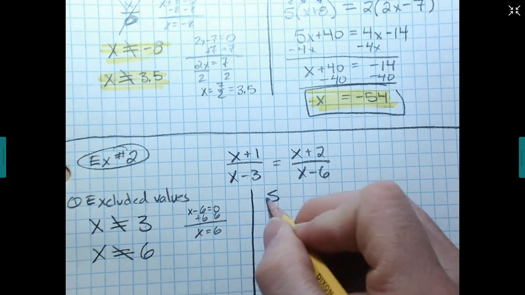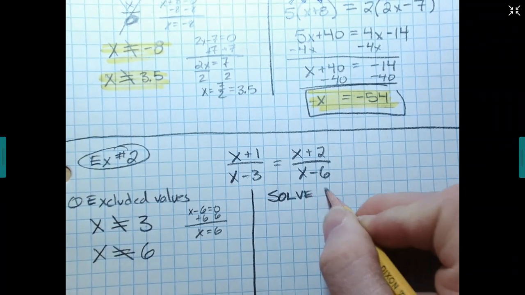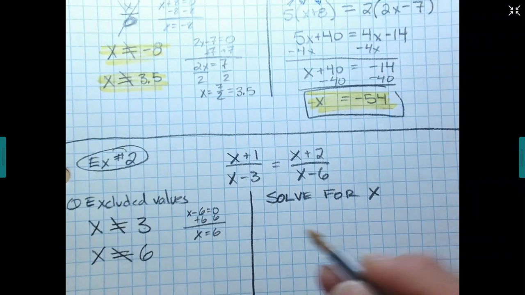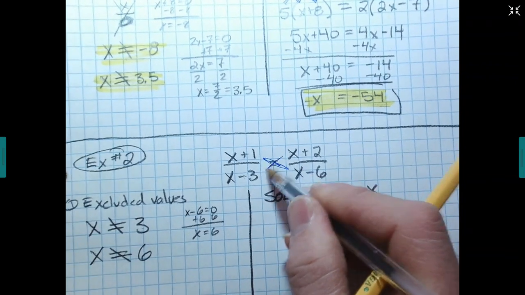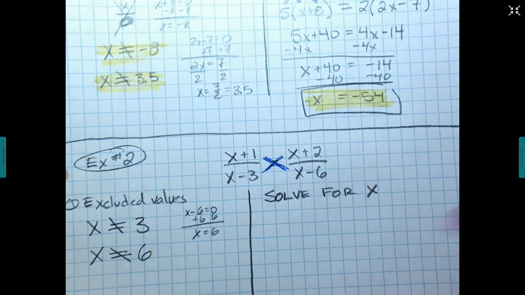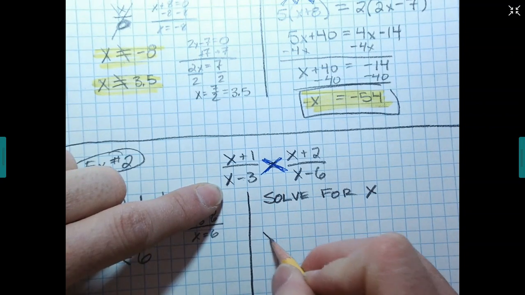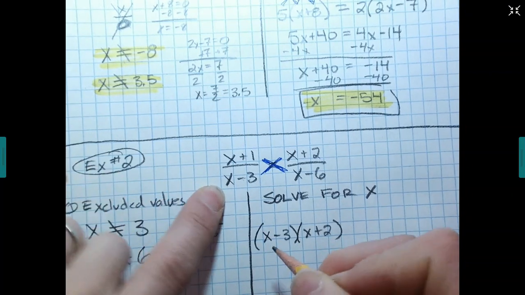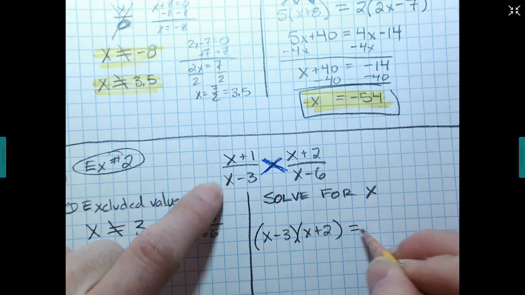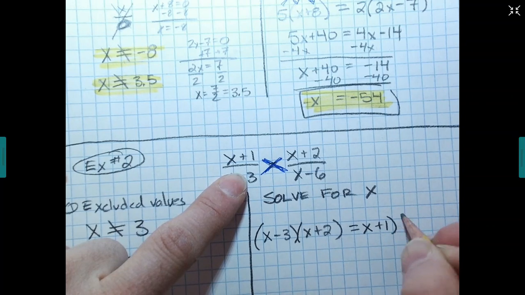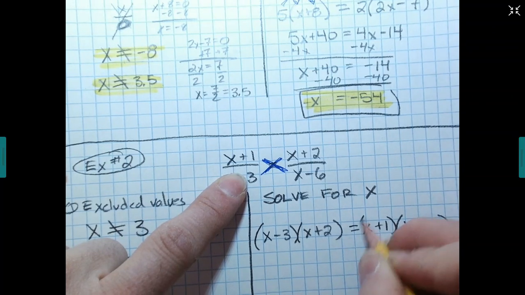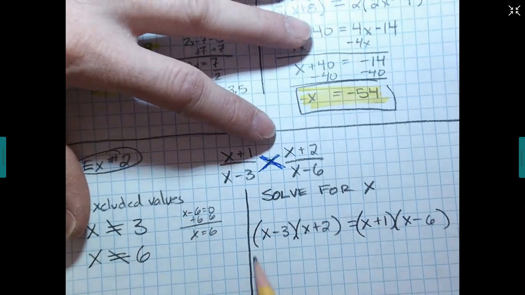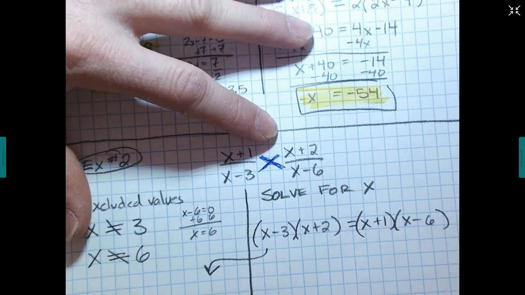Now I'm going to solve for x. How do I solve for x? I cross multiply. So I have x minus 3 times x plus 2, and that equals x plus 1 times x minus 6. Now the easiest way we've done this is the box method.